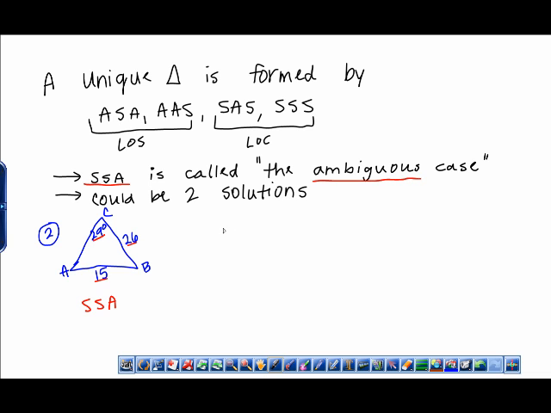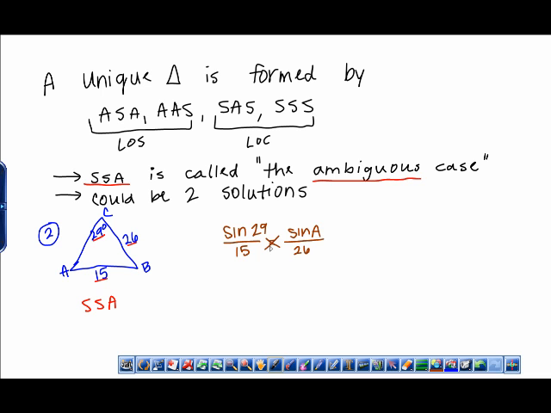If you use law of sines here, let's say we're setting up law of sines and I have sine of 29 divided by 15, and I'm wanting to find angle A. Sorry. So sine of A then would be over 26.